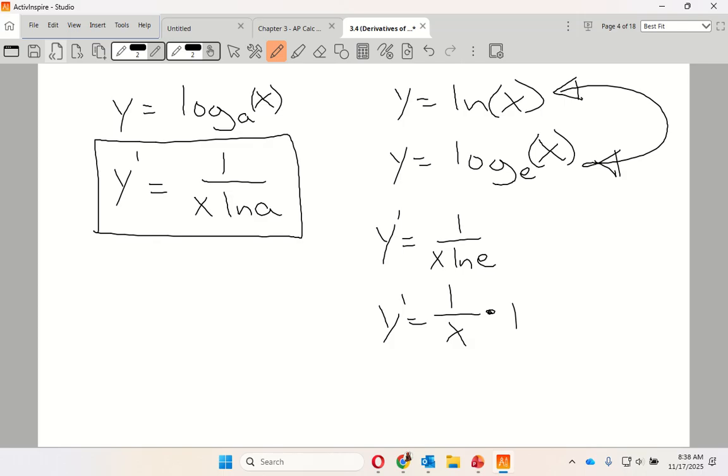And then from here, the derivative of log gives me an ln. This is from the formula that they gave me. So I get that ln no matter what. So that's ln of whatever my base is, right?